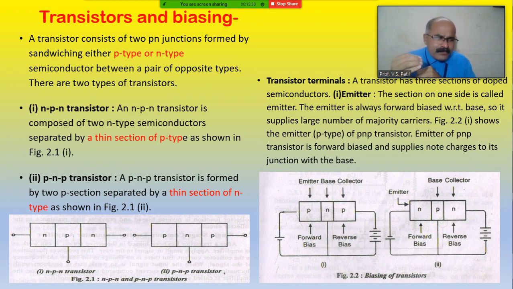The transistor has two junctions, J1 and J2, and three terminals: emitter, base, collector. It is bipolar, means current conduction takes place using the electron as well as the hole.